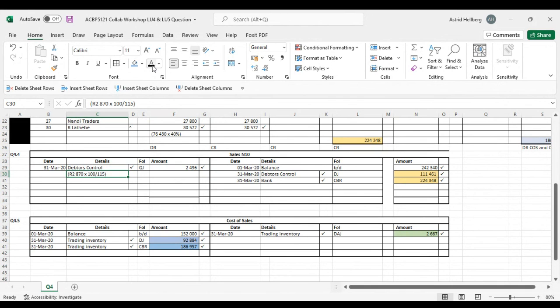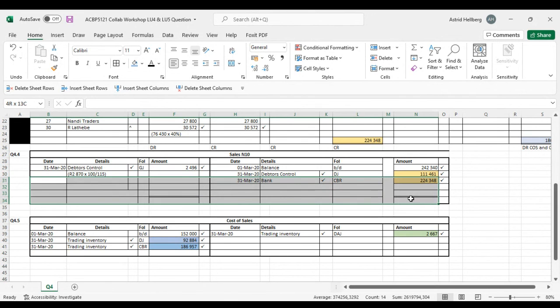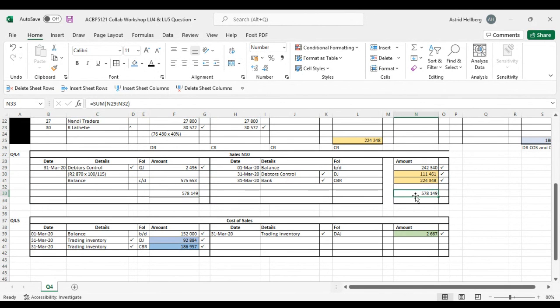And then the last thing we still have to do is they asked you to balance your sales account. Now we can see that the credit side is clearly bigger than the debit side. So what we will do is we add up the credit side, get to an amount of 578,149.